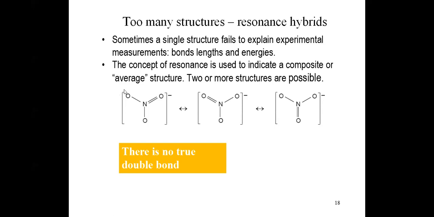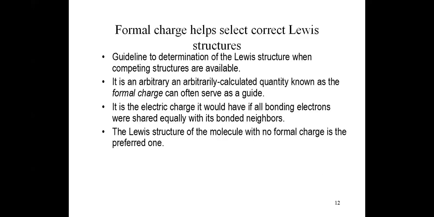How many valence electrons does oxygen have? 6. There are 3 oxygens, so we have 18 valence electrons from the oxygens, and 5 from the nitrogen.